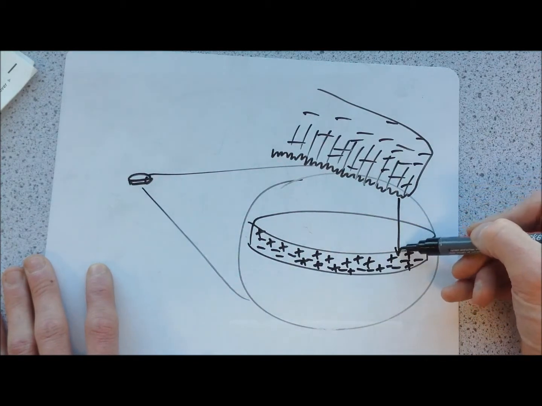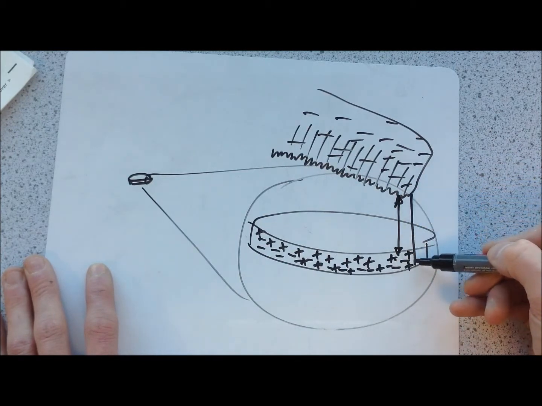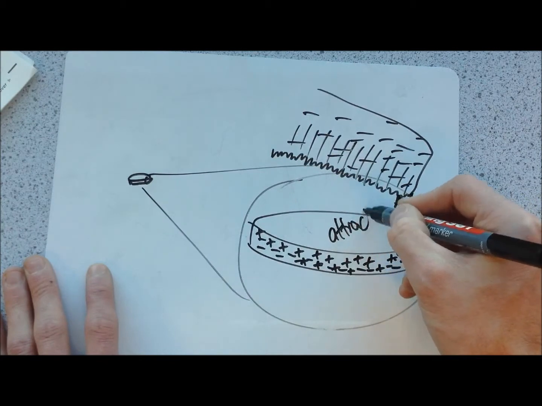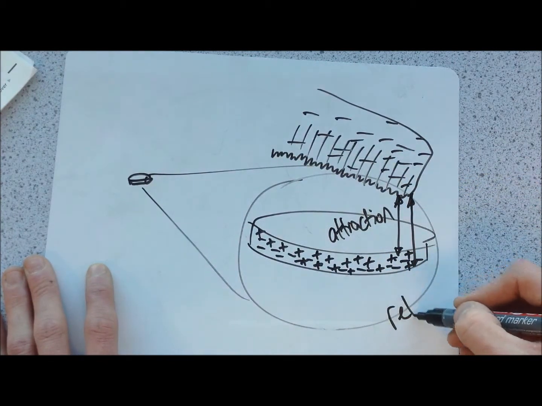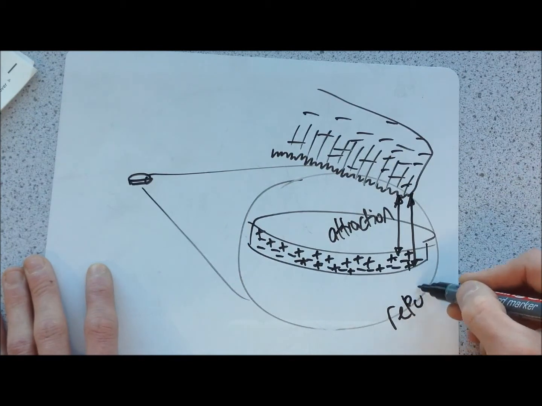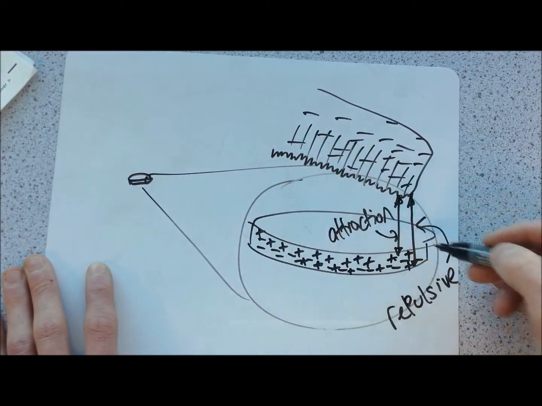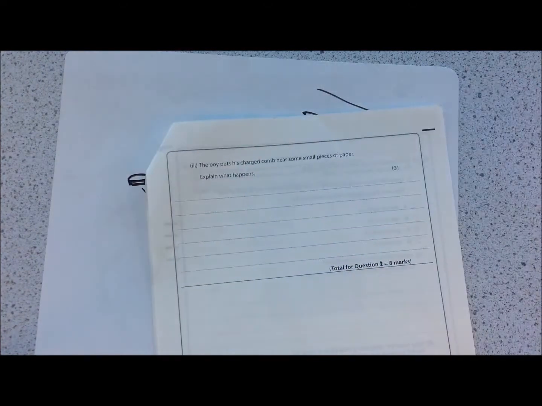So there's a shorter distance between the negative and the positive than there is between the negative and the negative. So the attractive force is bigger than the repulsive force. Okay?